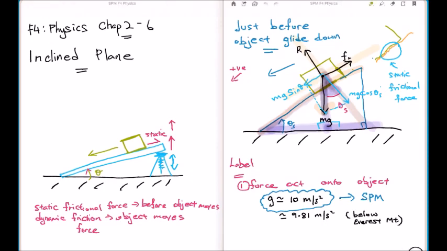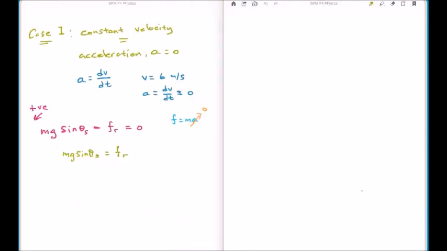So, case 2, what happens when it does have acceleration? Case number 2, acceleration. A now is no longer equal to 0. What happens when it's no longer 0? It means the object glides down with an acceleration.